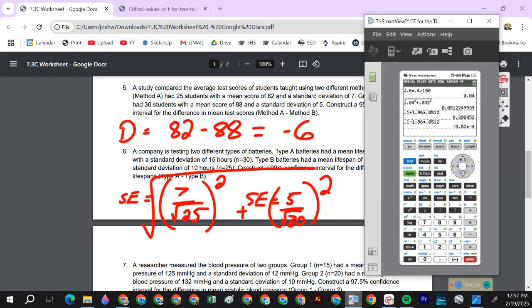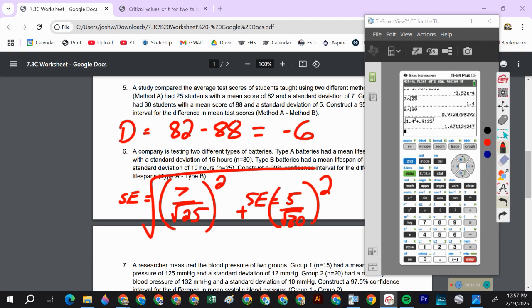Okay. So 7 divided by the square root of 25 and 5 divided by the square root of 30. And then we will take the square root of 1.4 squared plus 0.9128 squared. And I get a standard error for difference of 1.67.